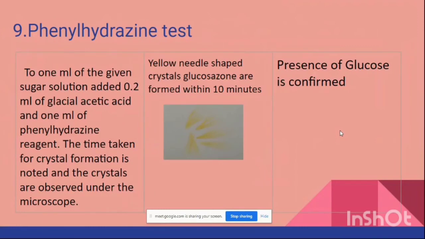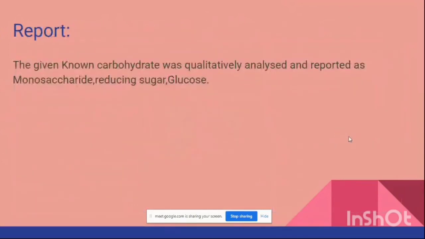And phenylhydrazine test. For most of the sugars which have overlapping properties, if you look at fructose, it is also a hexose and glucose is also a hexose. The phenylhydrazine test gives beautiful crystals with the carbohydrates at different time durations, based on which we can confirm whether a particular carbohydrate is present or not.